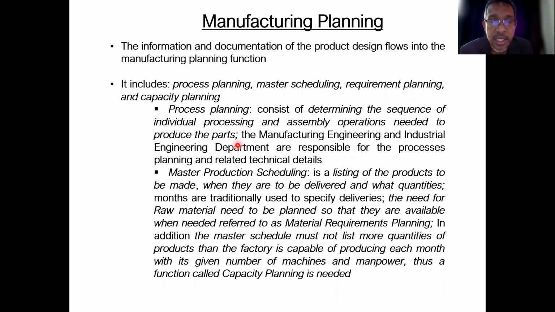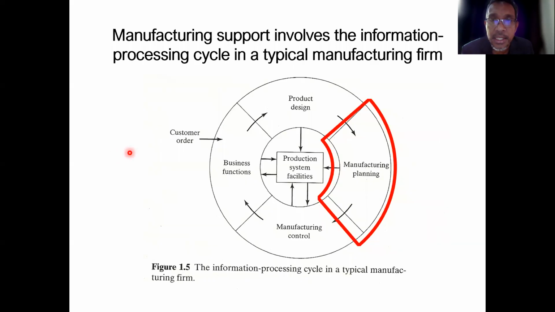So they do this and then pass over the information to the production side. So this management planning passes to the production side the procedure, because the operator will follow the procedure. The machine also needs to follow the procedure to operate.